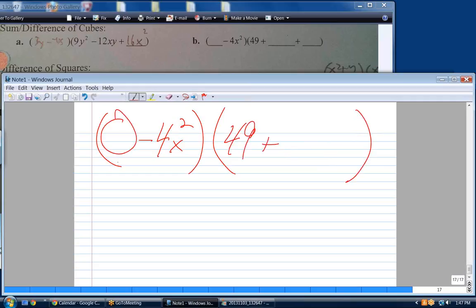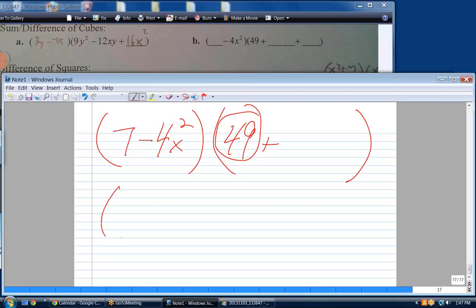What's this term right here? It's the square root of this term. 7.